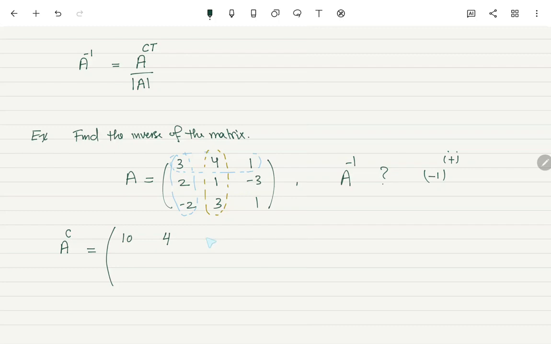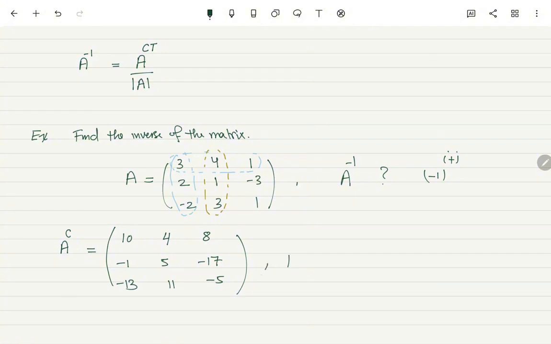Repeat the same procedure for the third element, 1, whose cofactor is 8, and for element 2, which is minus 1, and don't forget this factor, 5, minus 17, minus 13, 11, minus 5. So this is the matrix of cofactors.